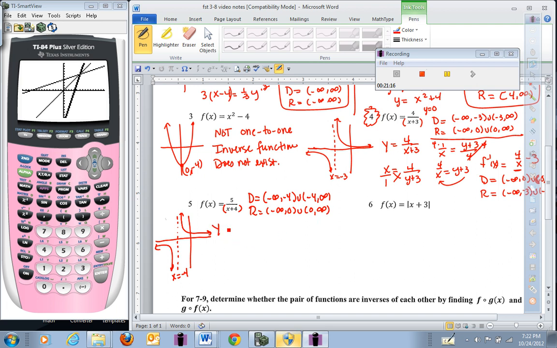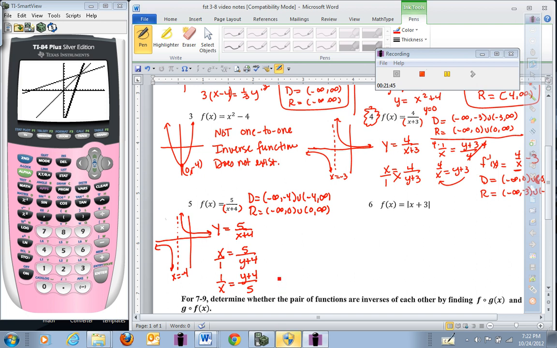So if y is equal to 5 over x plus 4, and x is equal to 5 over y plus 4, switching our x and y around, I'm going to make this into a fraction. I'm going to flip both parts of it. So 1 over x equals y plus 4 over 5. That's kind of a quick way to get your y variable in the numerator, get it out of the denominator.